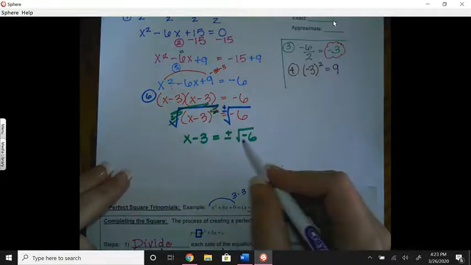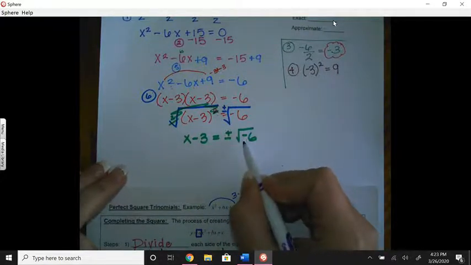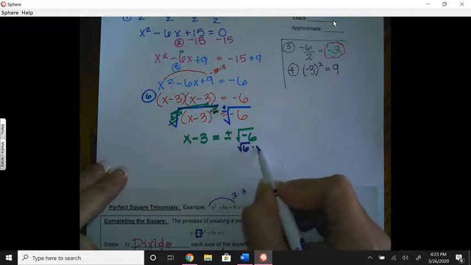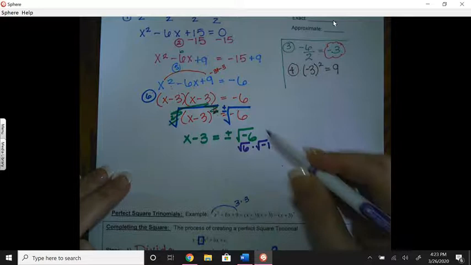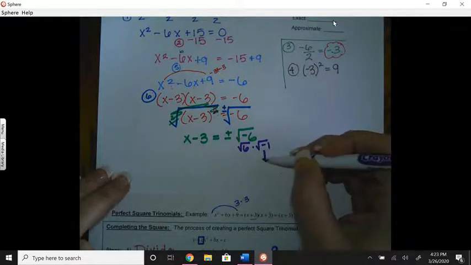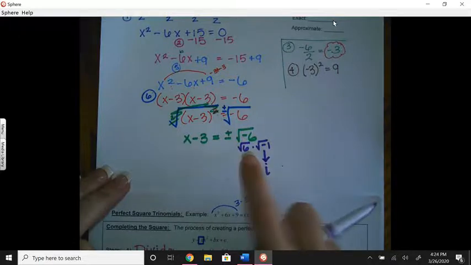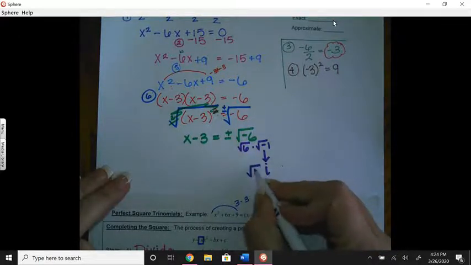So since we now know how to simplify radicals with negatives, we could split this up as square root of 6 times square root of negative 1, because we learned last chapter that we can put an i in place of the square root of negative 1, and then we would have the square root of 6.